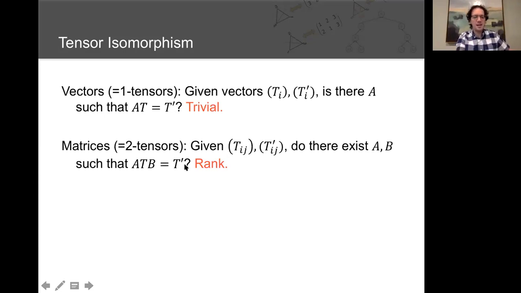Okay, and this is exactly, A is doing row operations, B is doing column operations. So you may recall from linear algebra that if you can do both row operations and column operations separately, you can always make your matrix diagonal with ones and zeros on the diagonal, which means that I can do this kind of transformation if and only if t and t prime have the same rank.